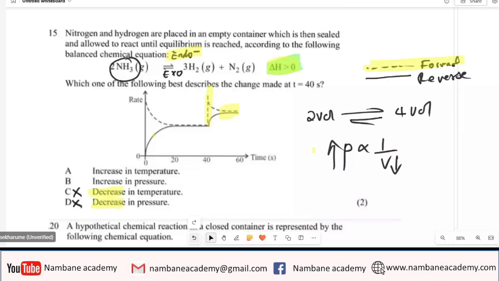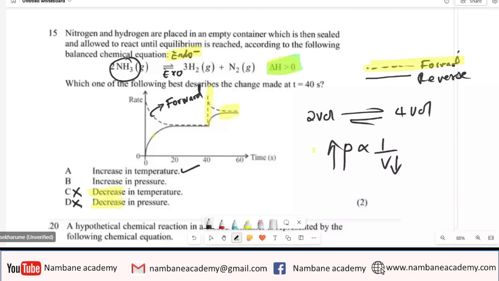So for number 15, I see A there. I don't know whether you agree with me or what. I see A there, because the spike is facing up. So now the forward reaction is the broken line, which is this one, and the reverse reaction is the solid line.